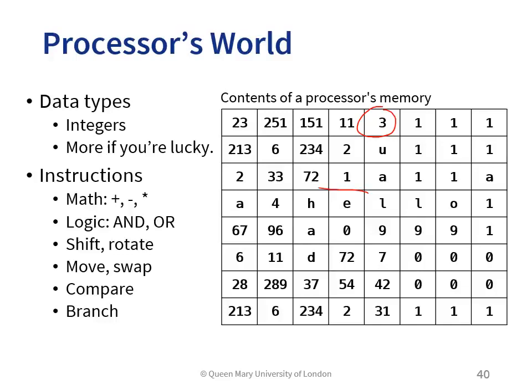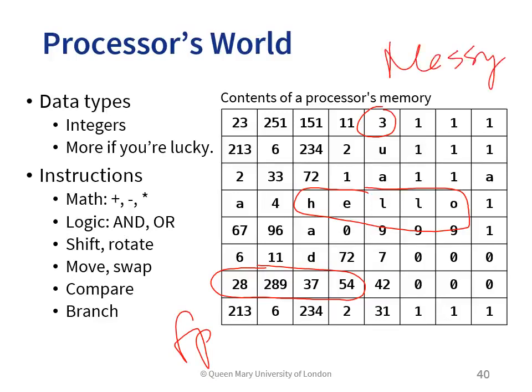It can be a string in the middle of the memory. This part may represent a floating point number. So it may look very messy to you. But as we all know, it works perfectly fine. And this is actually happening in all our programming world.